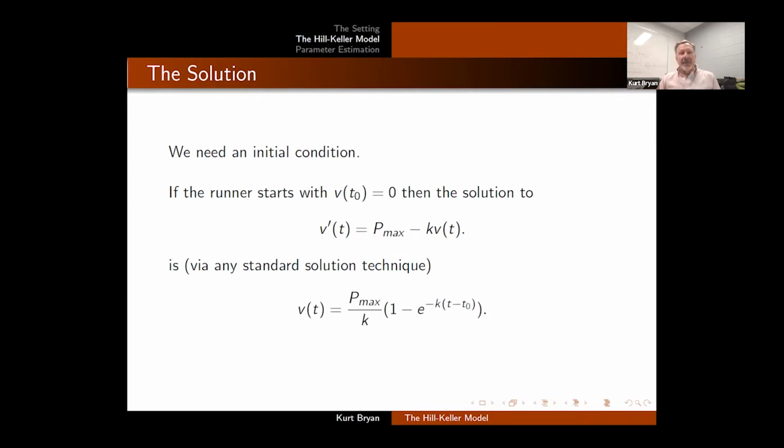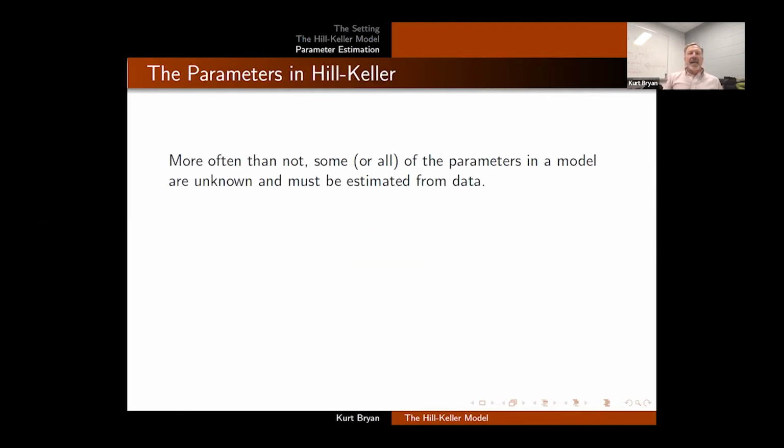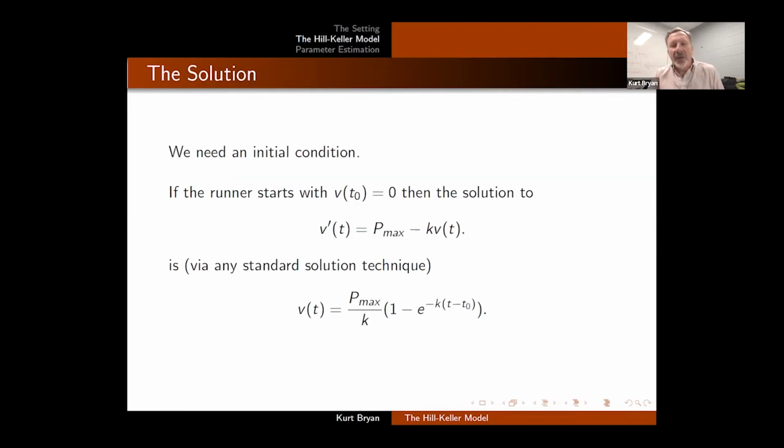So in between the last 2 lines on my slide there, there's at least a week of class, but we are led to the following formula for the velocity of the sprinter if they start with velocity 0 at time t0.